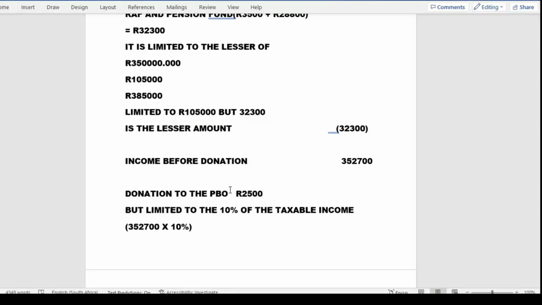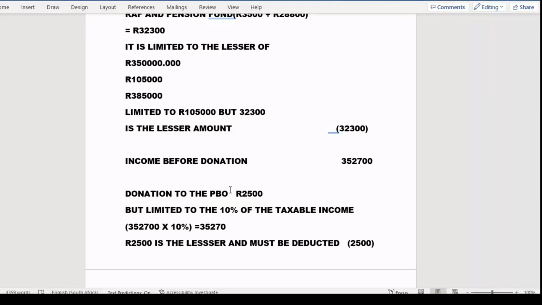352,700 multiplied by 10, you divide this by 100. It's 35,270, sorry, 35,270. So 2,500 is actually the lesser and must be deducted. All right, so you're going to have 2,500 rand here, and then you're going to deduct it.